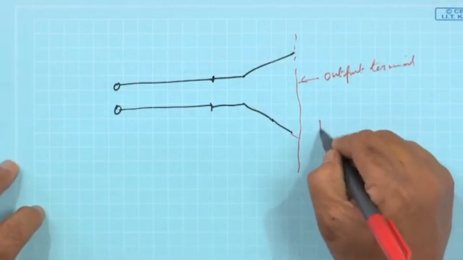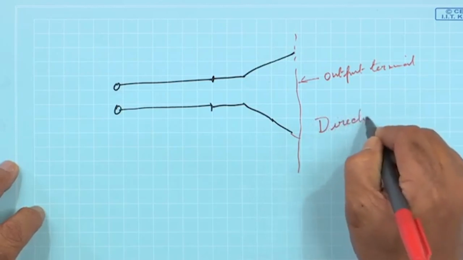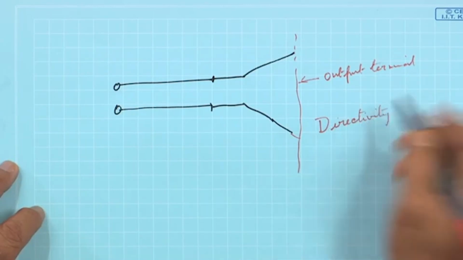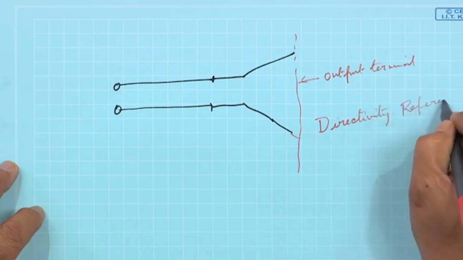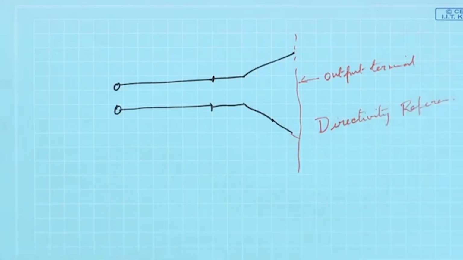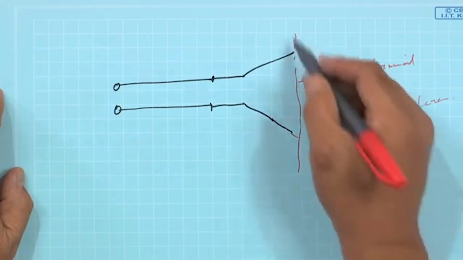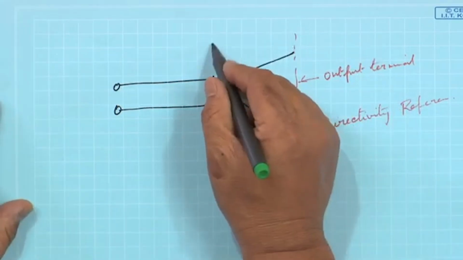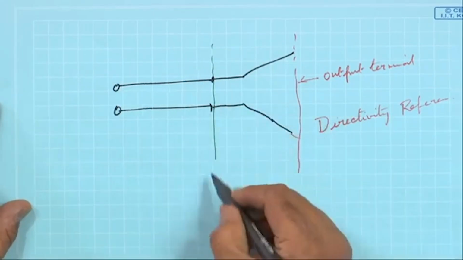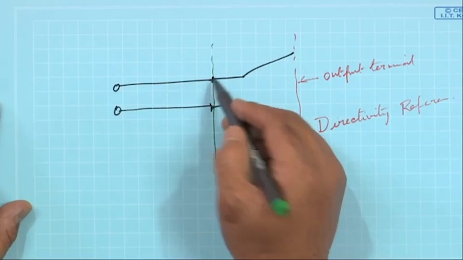So, this is basically the directivity's reference. That means, in the denominator of the directivity function, we say the power radiated by an isotropic radiator, so this radiation is taking place here. This plane is the directivity's reference, whereas here we see the transmission line and this is the start of the antenna.